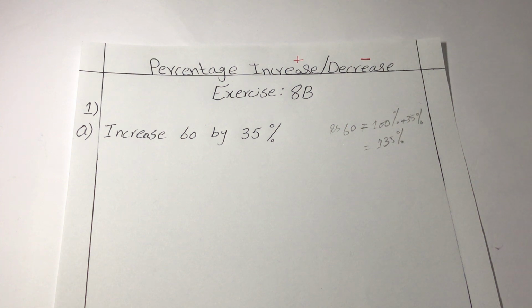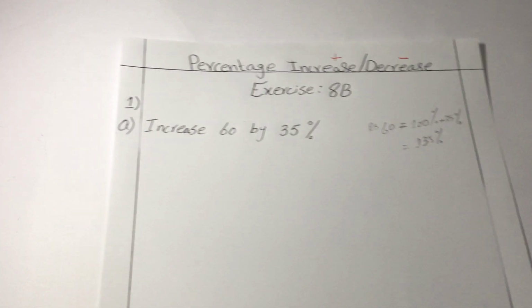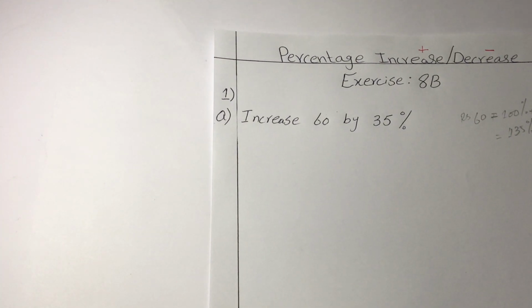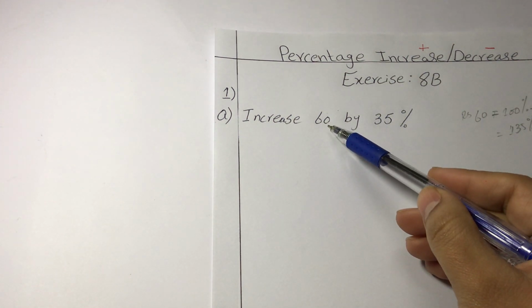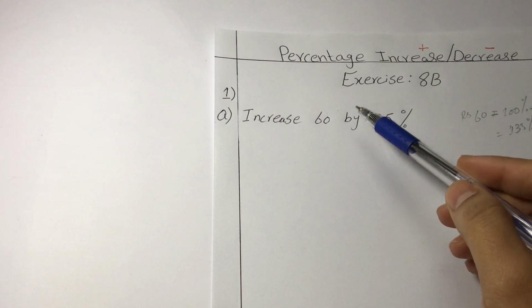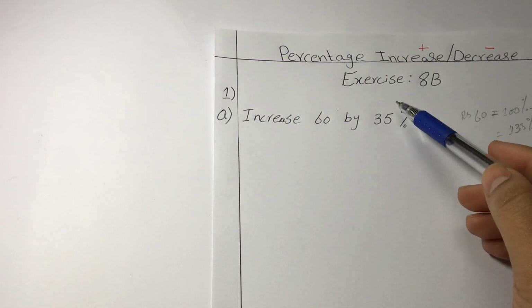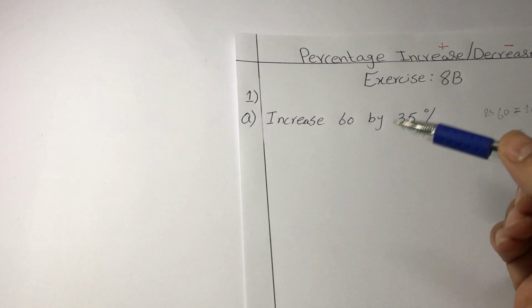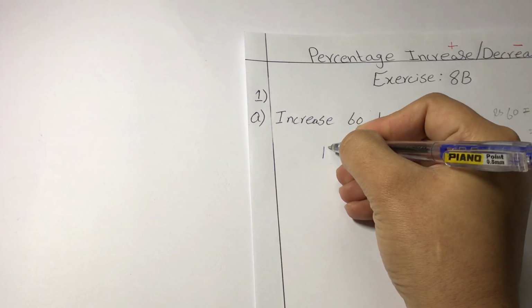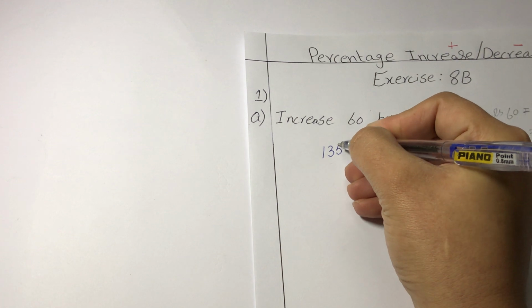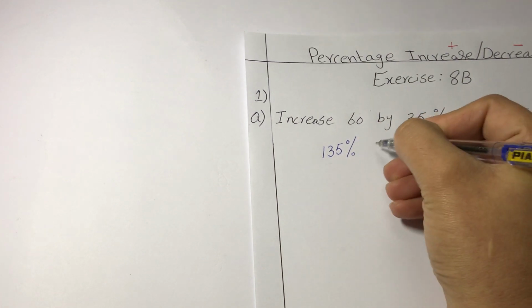Now we need to find out how much total amount you have. Your original value is 60 and you need to find the value after the 35% increase, and after the 35% increase you will have 135% of 60.